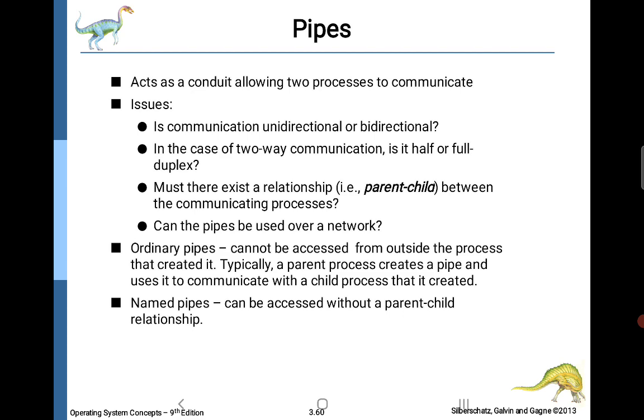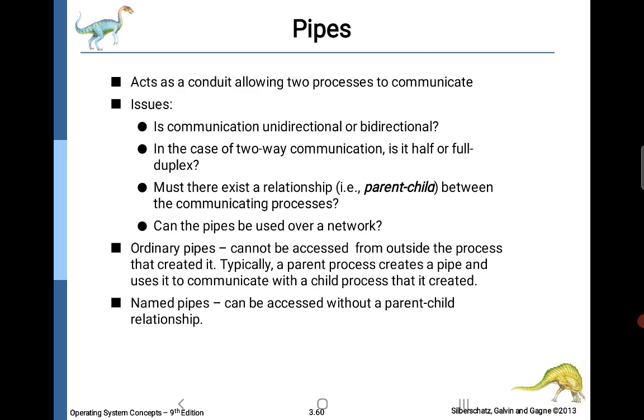Ordinary pipes usually were created between a child and a parent for them to communicate with each other. And this type of pipe didn't need names because it was created within the address space of the parent, because the child usually shared the address space of the parent.